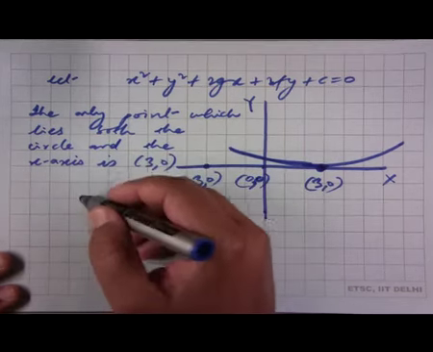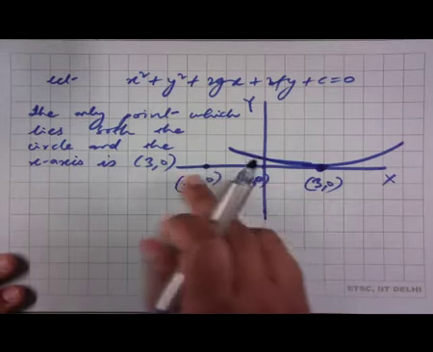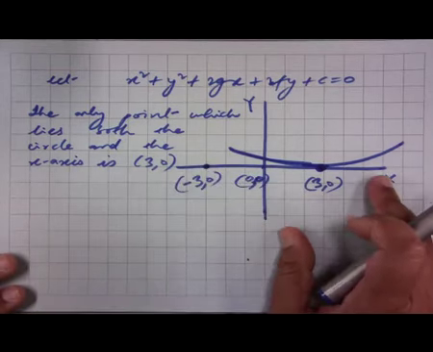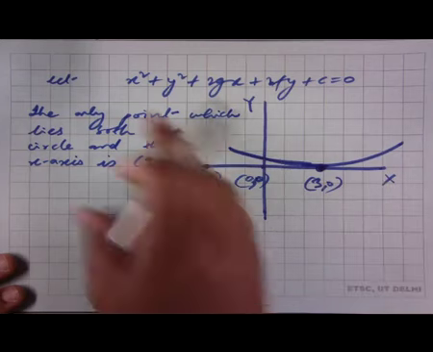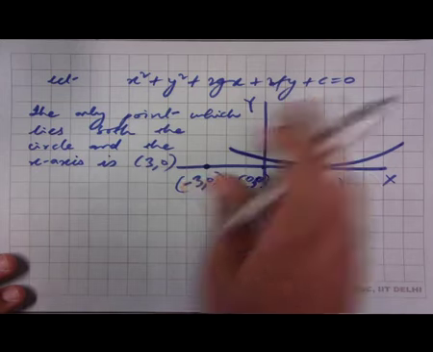Now, let us see what are those points on the x axis which can also lie on this circle.